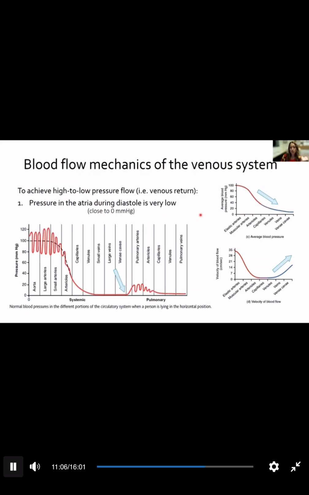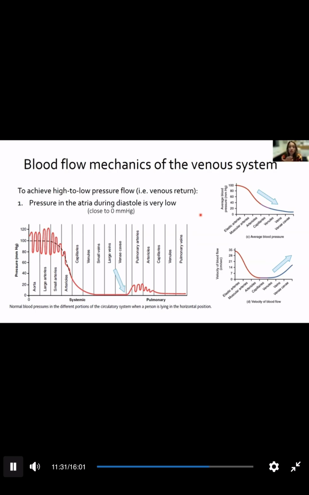So there is specific blood flow mechanics of the venous system. Essentially anything from the capillary level onwards, venules and veins, is termed the venous system. To achieve the high to low pressure flow, we have two ways, and this is termed venous return.